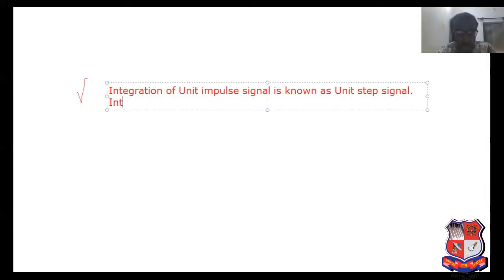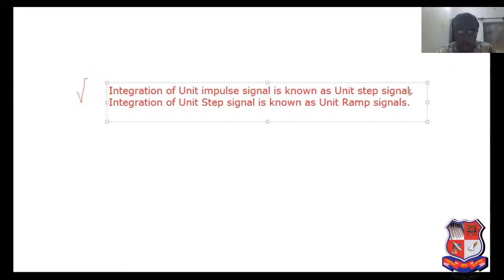Next, integration of unit step signal is known as unit ramp signal. Integration of unit ramp signal is known as parabolic signal.